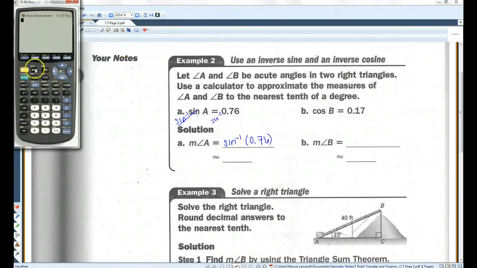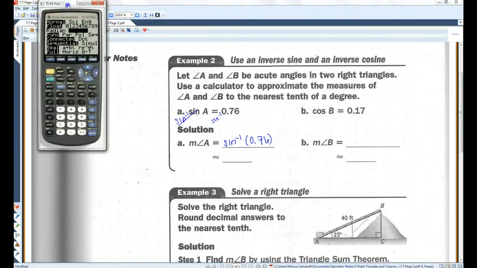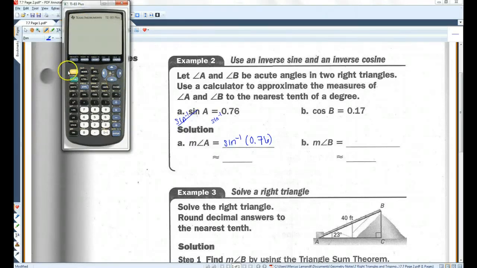Second sine, that should give you the inverse sine, 0.76. Alright, 49.5.